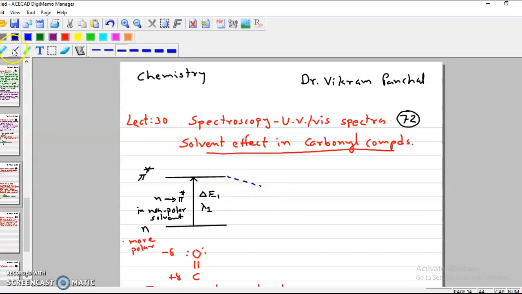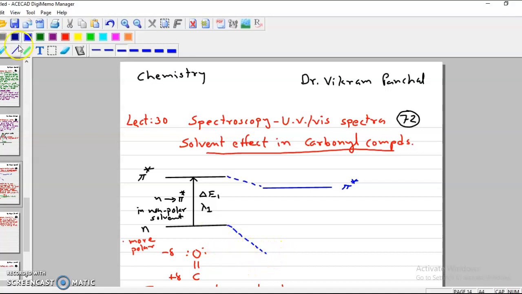So now the new pi star state is somewhere here, with new energy because of the interaction with solvents. But the reduction of the n state would be more than the pi star state.